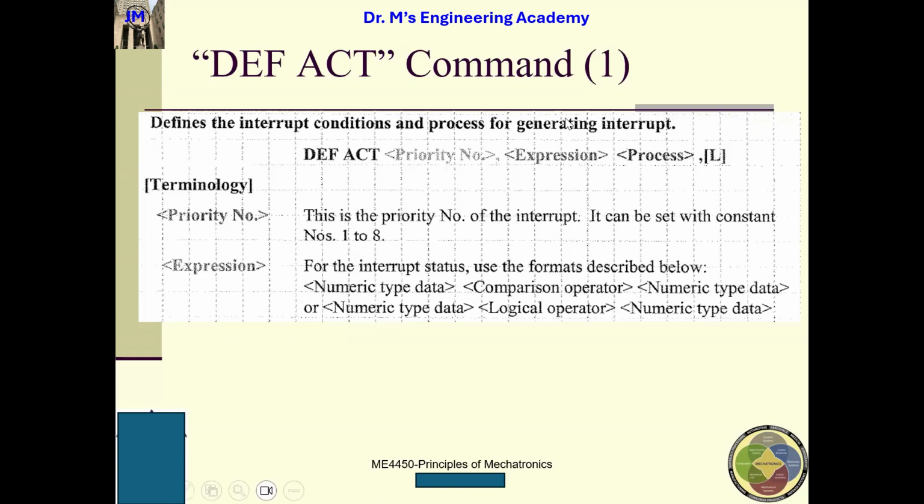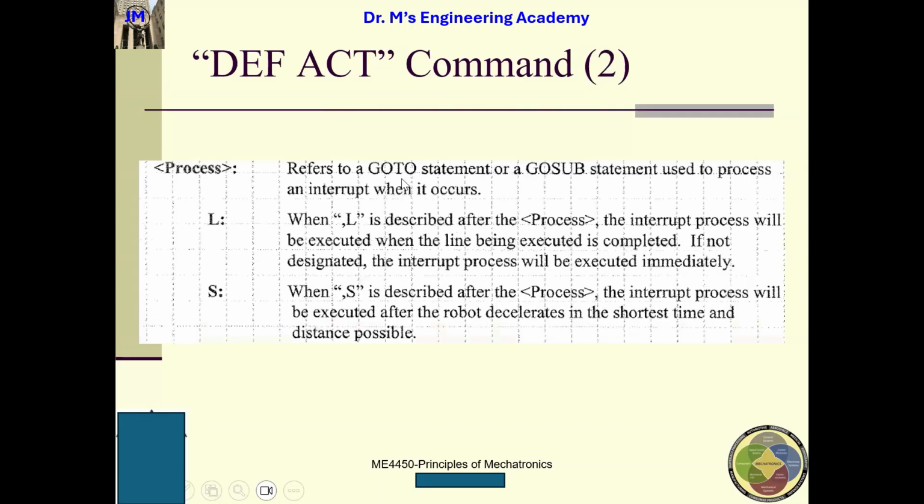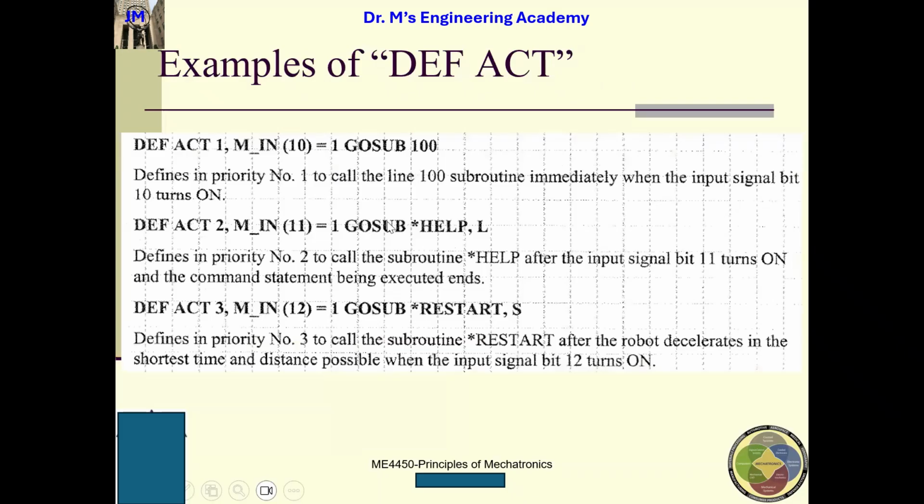If we just look at this one, it is not very intuitive or informative, so let's talk about it here. You can see we define interrupt number one, the highest priority.